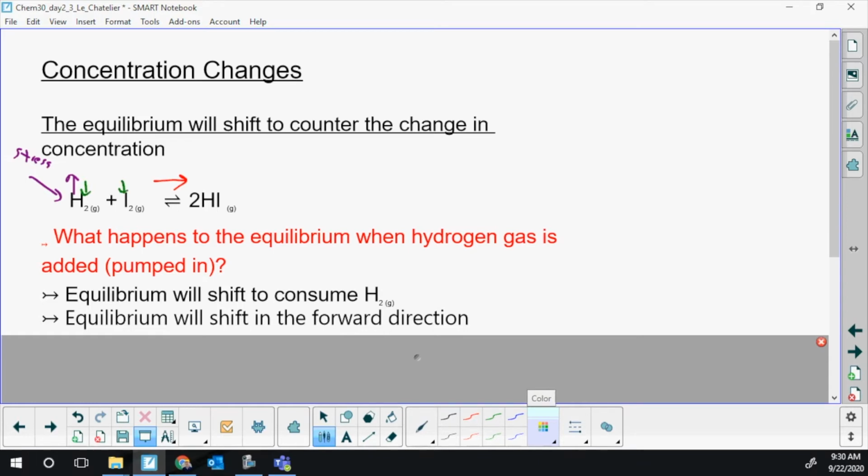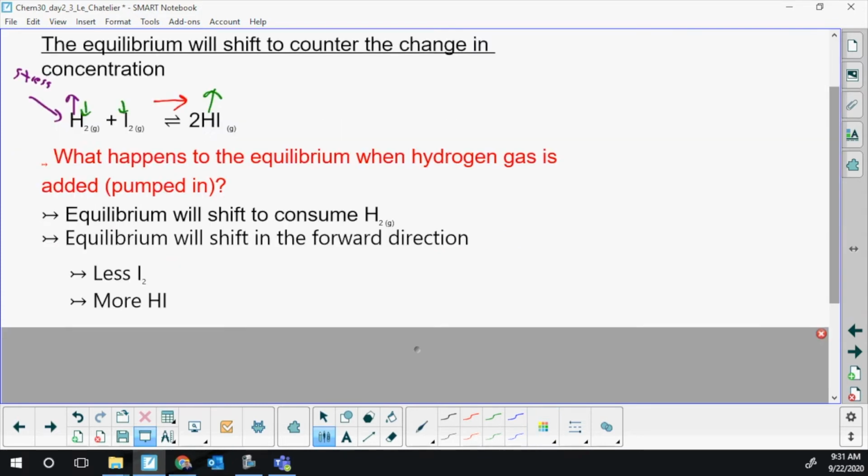It causes the iodine to go down as well, and causes the hydrogen iodide to go up. Now, I intentionally made my green arrow on the hydrogen small. Okay. It's not going to use up all the purple. In the end, there'll likely be more hydrogen, but the shift is still to use it up.